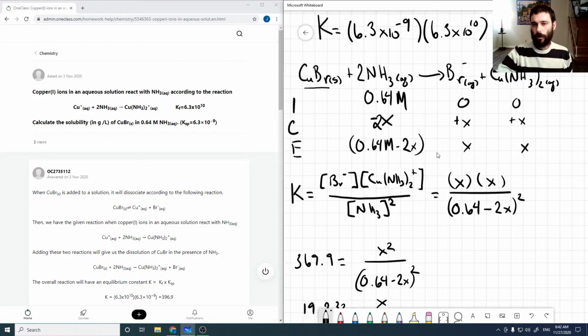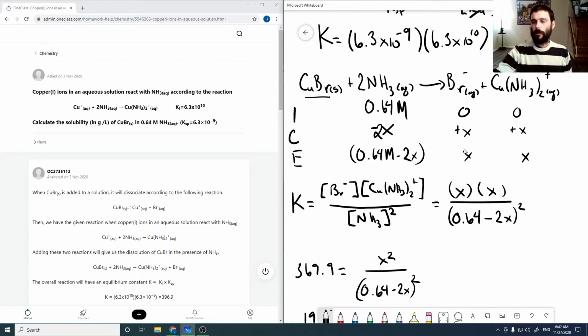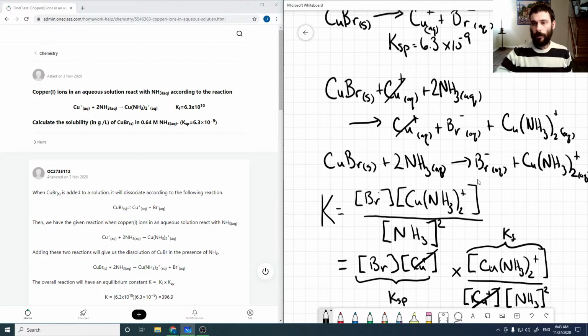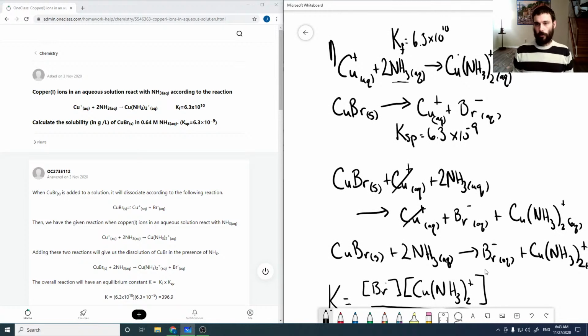So now looking at the equation we've got, X is the concentration of our bromine and our copper ammonia complex, and our ammonia is some factor that depends on X. We're looking for our solubility, which is defined as the moles of copper bromide that go into solution, and there's a 1-to-1 relationship with the bromine ion.